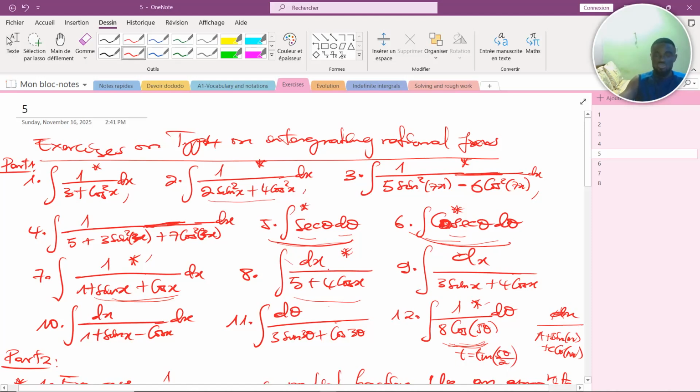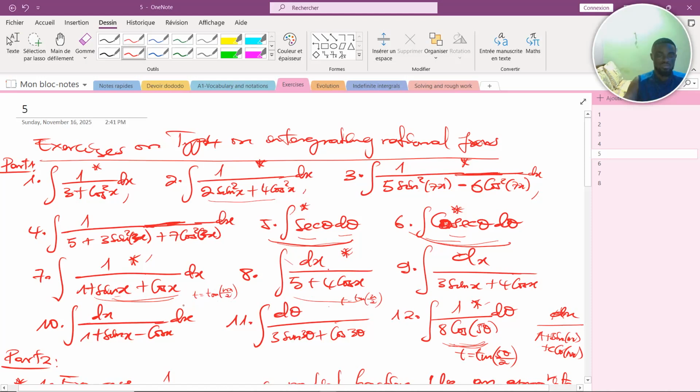So just use the same procedure as all we did. Here, your substitution, you have t equal to tan of nx divided by 2, so x on 2. Is that okay? Same thing, your substitution here will be t equal to tan of nx divided by 2.